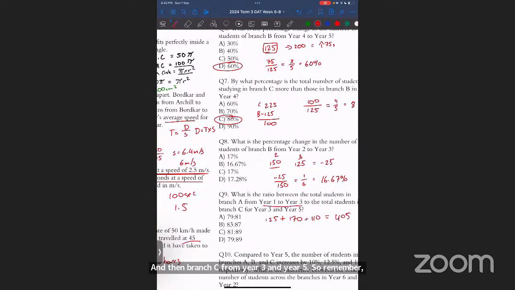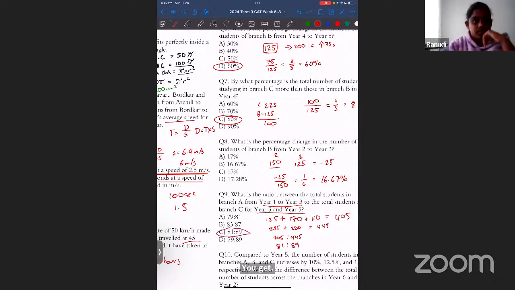Here it says year 3 and year 5, it is 225 plus 220, which is 445. So 405, 445. The number that goes into both of them is 5. And when you simplify both sides by dividing by 5, you get 81 and 89, giving us C.